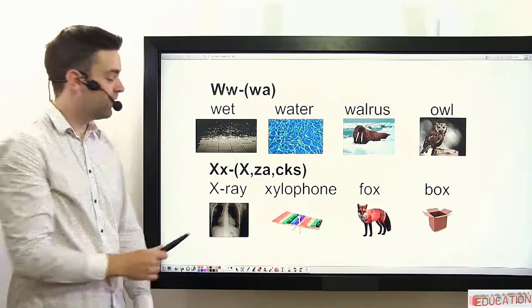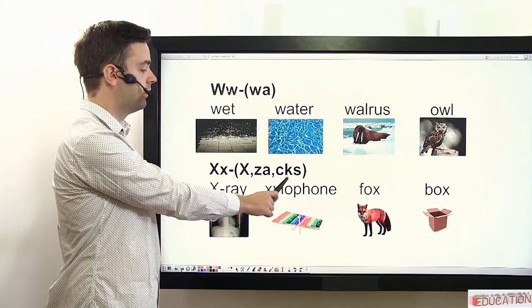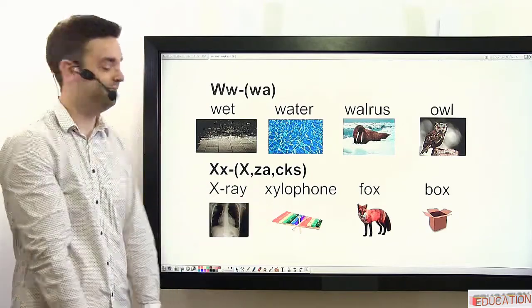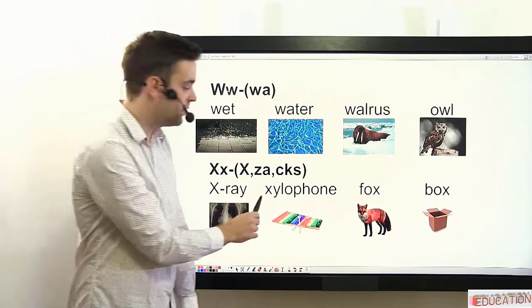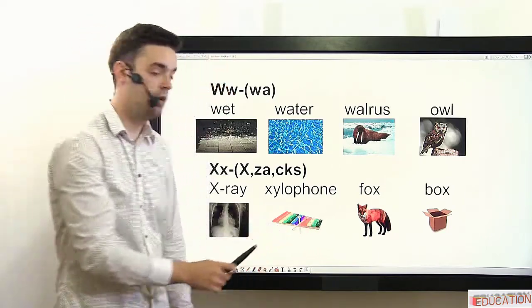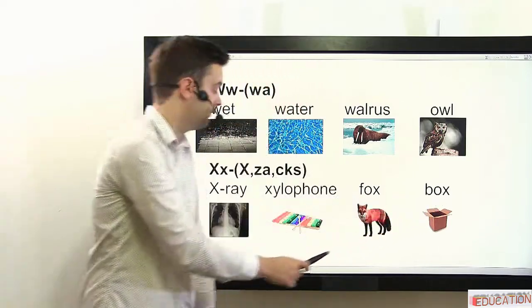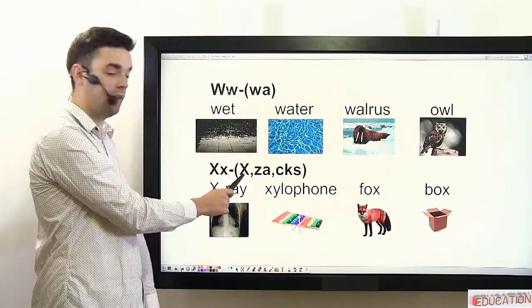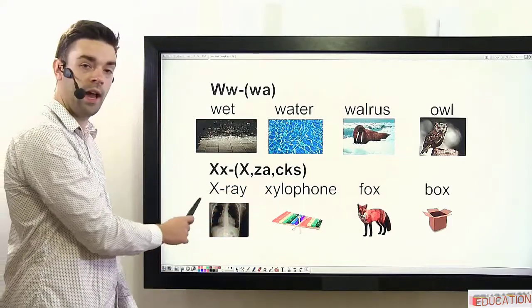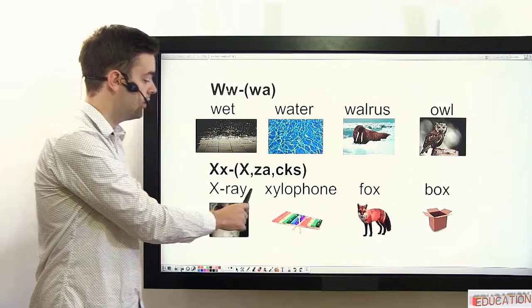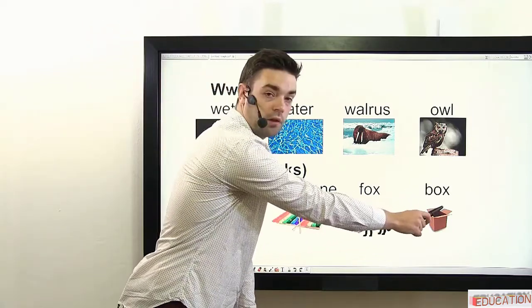X. So it can be X, Z, or X. So X-ray, xylophone, fox, box.